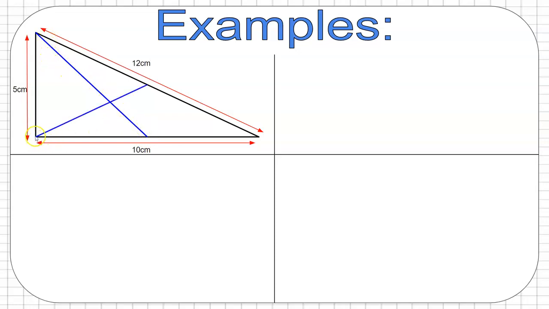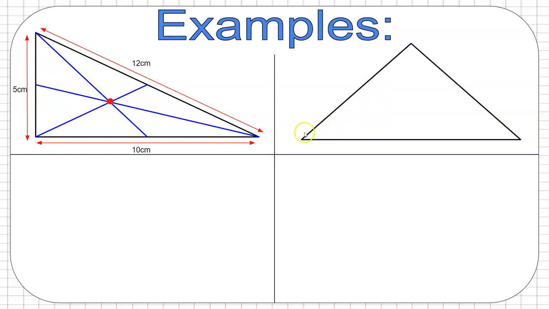For the right angle right here, when we draw in the median, it connects to the midpoint right here, which is 6 centimeters from each vertex. And for this vertex right here, we will connect it to the midpoint over here, which is 2.5 centimeters from each vertex. Here is the point of intersection, which is the centroid.